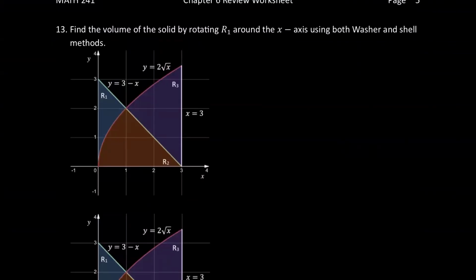Okay, number 13. We want to find the volume of solid by rotating region number 1 around the x-axis using both washer and the shell. So first let's do washer. That's section 6.3, the second half. And this time, the region is region number 1.